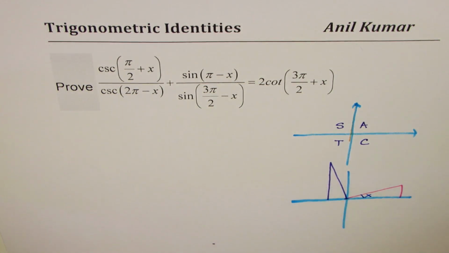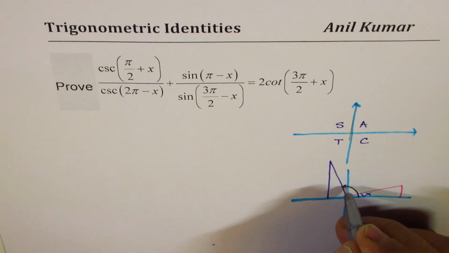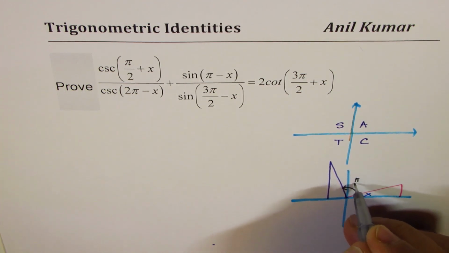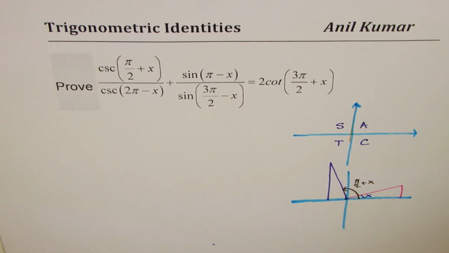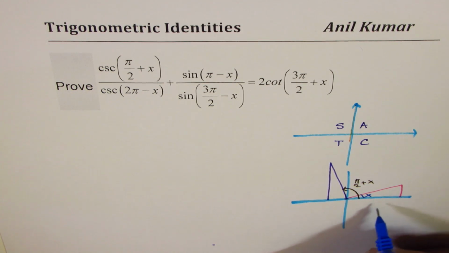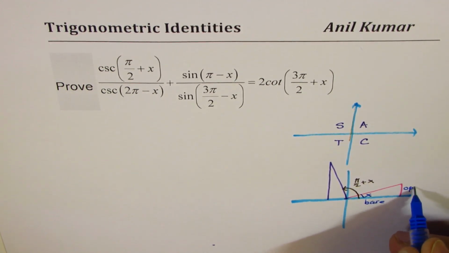So in this case, the angle which we are talking about is this angle, which is pi by 2 plus x. What do you notice here? You notice that the base, let's say this is base, and that is opposite side.